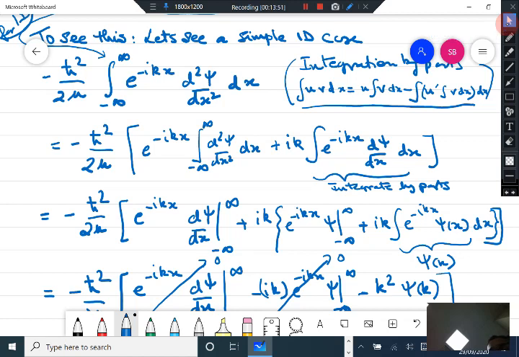After integration by parts you get ik e raised to minus ikx ψ, plus ik e raised to minus ikx dψ/dx. You can work this out yourself, it is quite trivial.